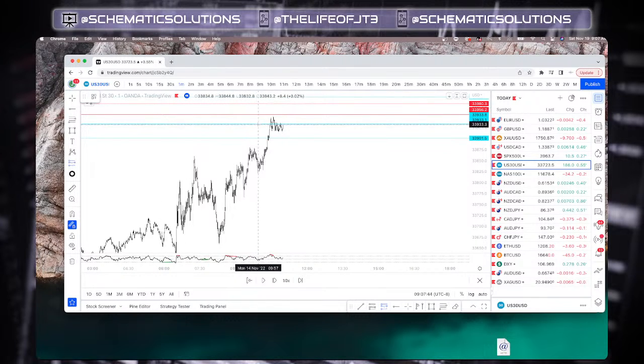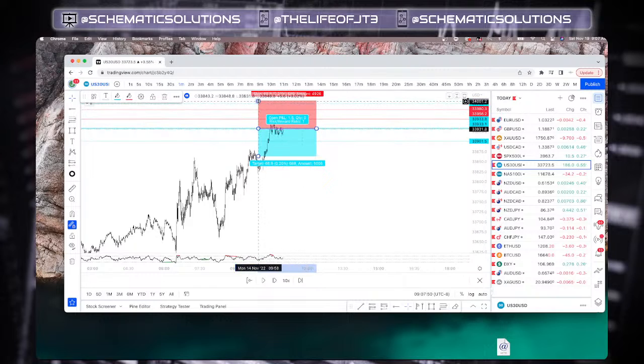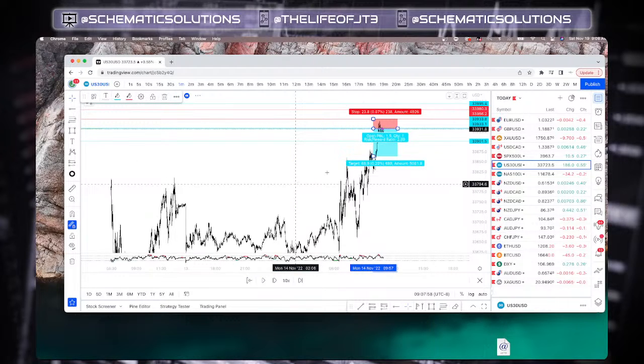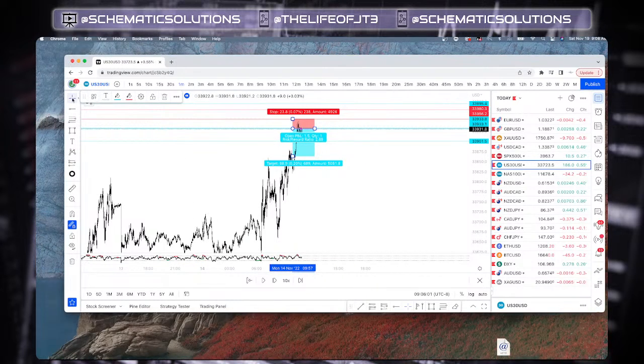So our first entry is off of 80%, covering this high. So about a 2 pip stop loss. Obviously, we're looking to take it down to the low bare minimum.